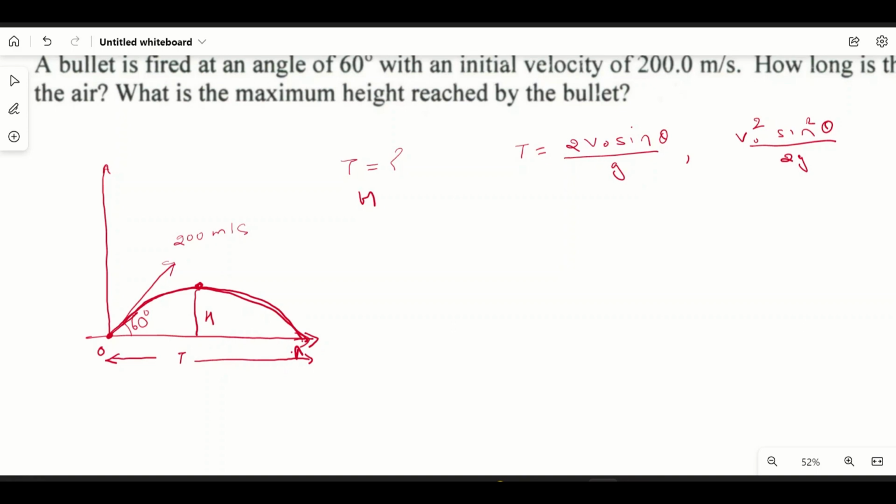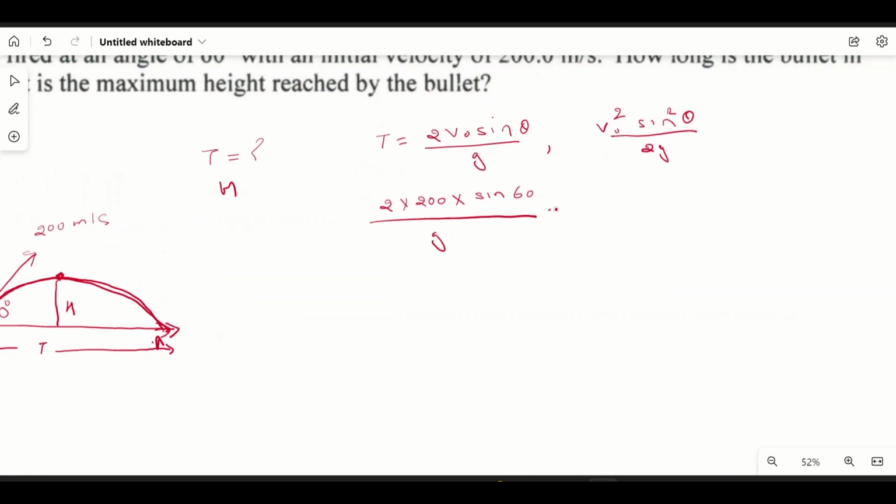Formula for T, the total time of flight, is 2V0 sine theta upon g. So we will put all the values. V0 is 200. So 2 into 200 into sine 60 divided by g. You can find sine 60 is root 3 by 2.